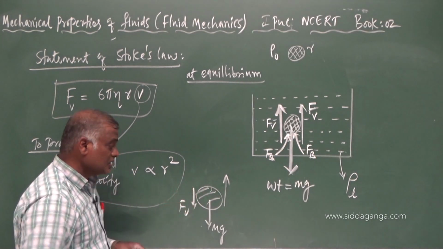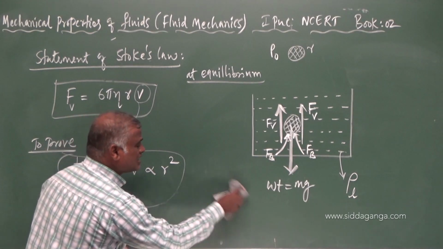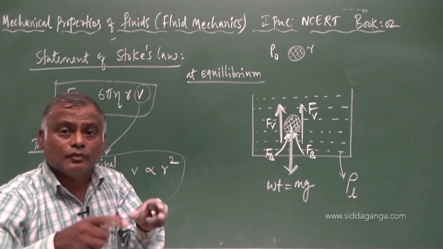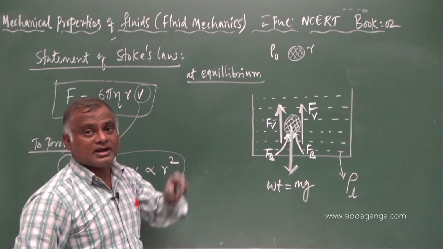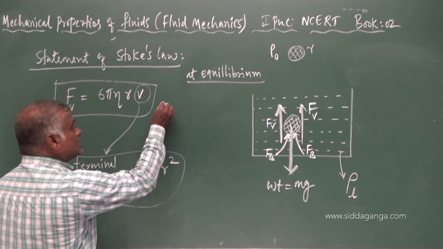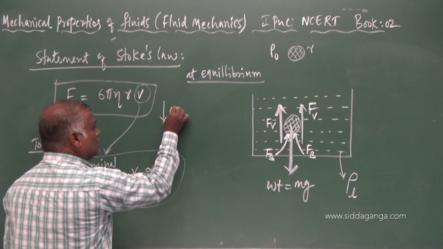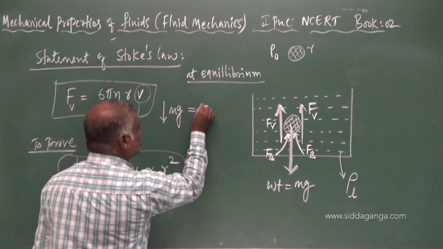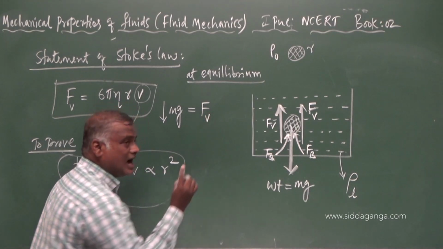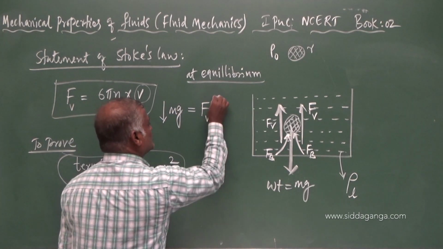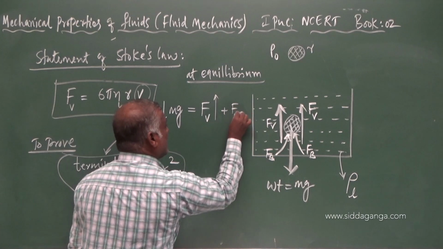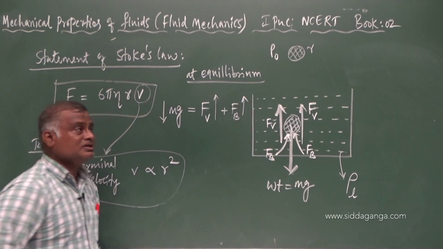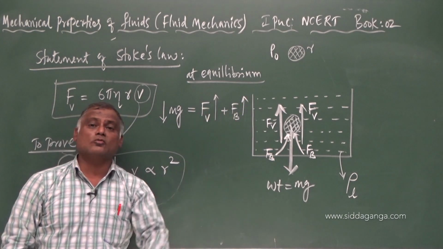Understood? Now, once the object is well settled, at equilibrium, the net downward force, that is the weight of the body acting downward, should balance the upward viscous force plus the upward buoyant force. Just understand these three arrow marks.